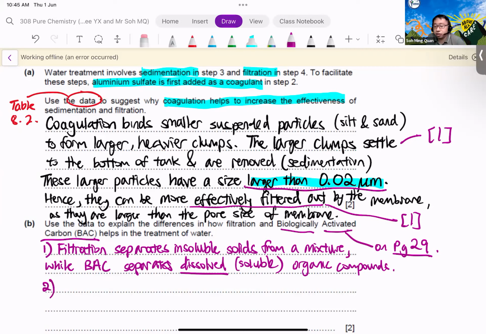The second important difference that you see, just go down the line, right? BAC is biologically activated versus coated with bacteria. Filtration, however, uses a filter paper, or in this case, you can use membrane, to filter the mixture.